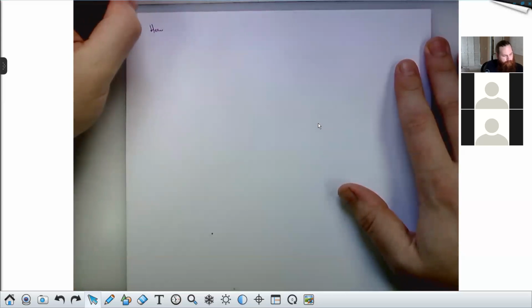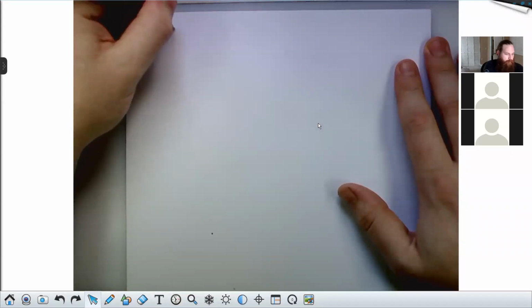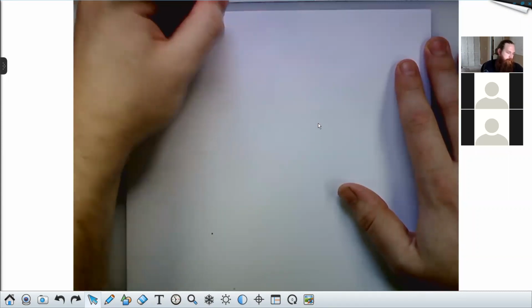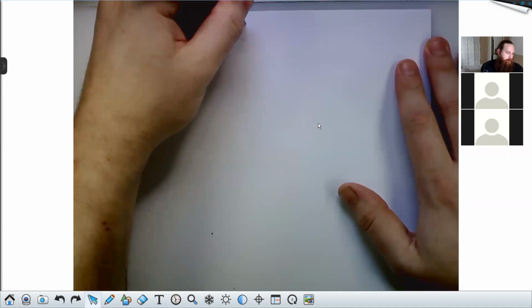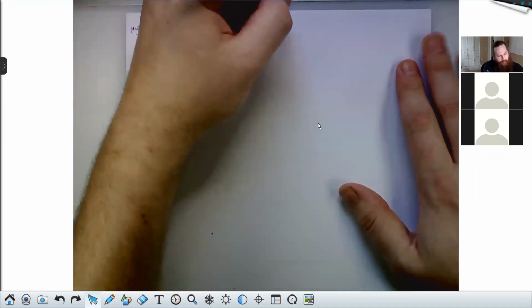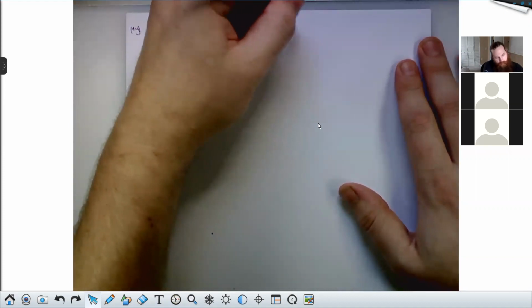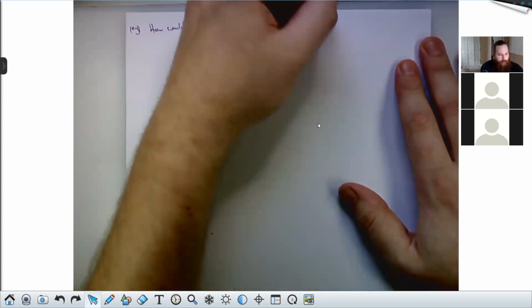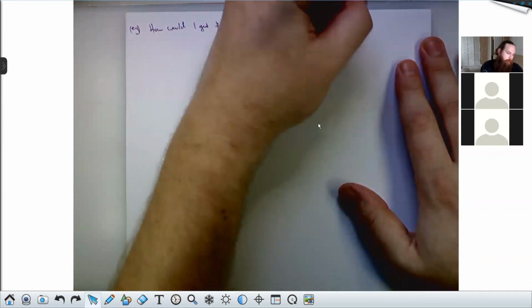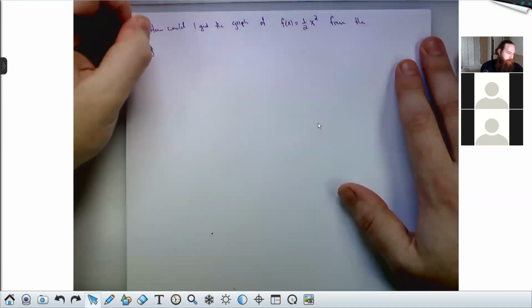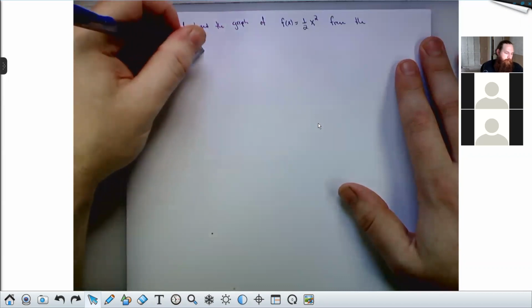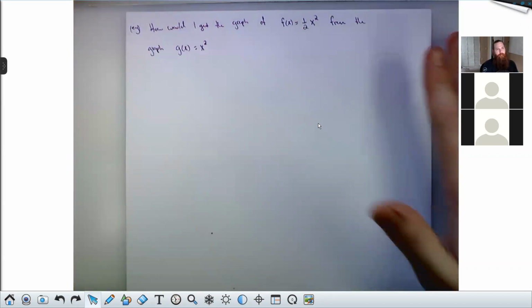So another example. How would I get the graph of f of x equals 1/2 x squared from the graph of just good old-fashioned x squared?